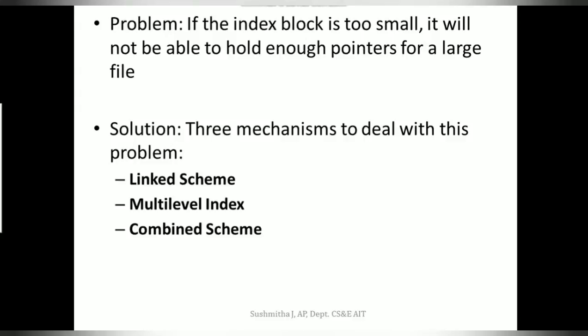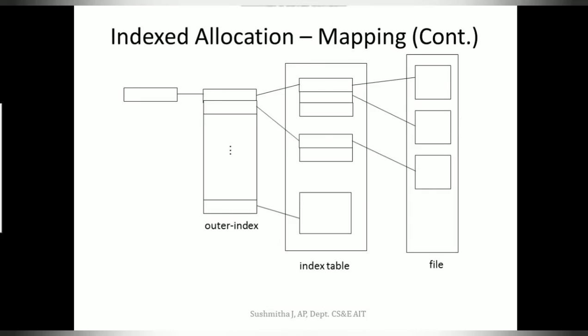The next scheme that we have is multi-level index. So this is similar to the paging mechanism that we saw. So the first level of the index block is used to point to the second level of the index block, which in turn is going to point to the disk block occupied by the file.